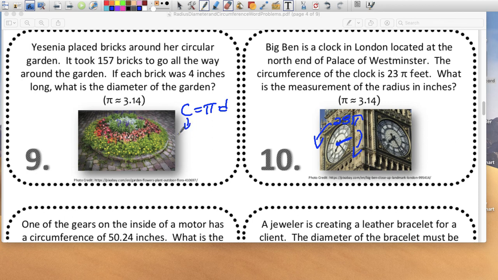The circumference is 23 pi equals pi d. Divide by pi, and we get the diameter is 23. But we don't want the diameter, we want the radius. The radius is half of the diameter, so 23 divided by 2 equals 11.5. So the radius is 11.5 feet. It's big. It's twice my size, almost.